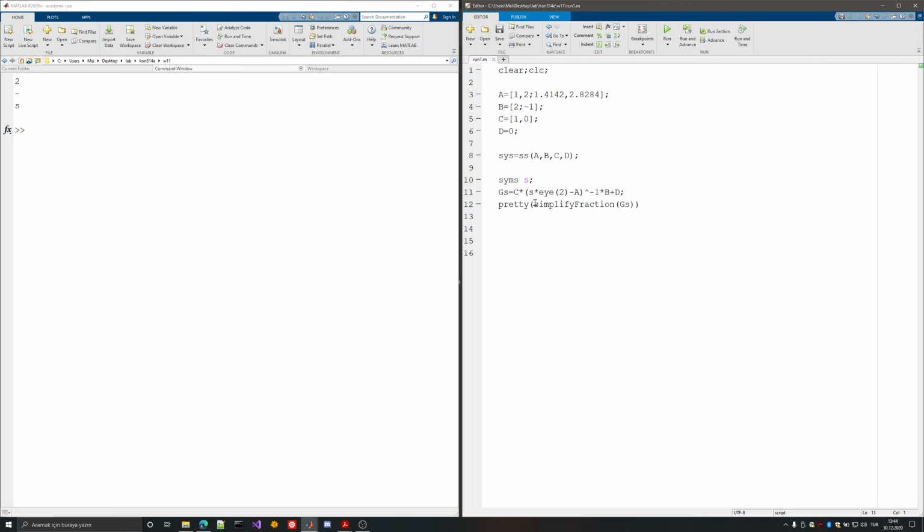Now, I can also convert this into the transfer function object by taking, as we've seen most of the time, the numerator and denominator function.